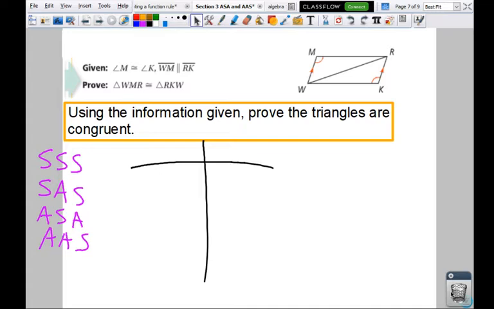No. So we actually can't use this. We've got to figure something else out. It might be side, angle, side, then probably. But remember, I can skip one angle, but I can't skip a side. I can only skip one thing. So I need to have this piece.